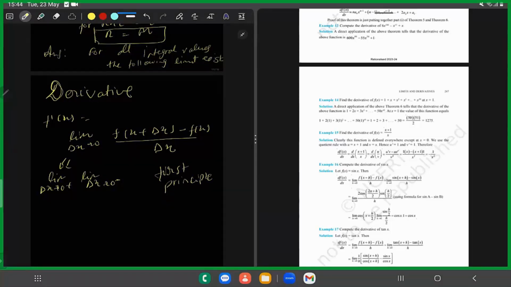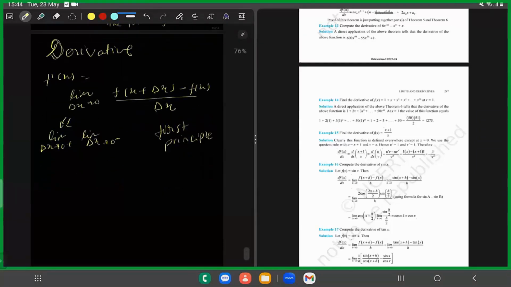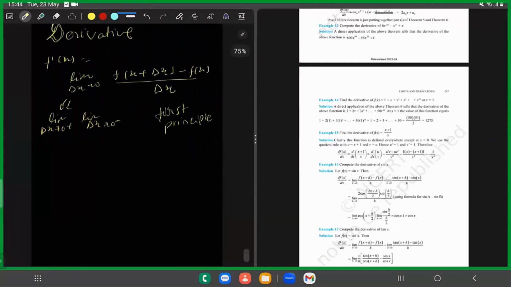So whatever standard formulas that you will come across in physics or in mathematics, that are basically differentiation and so on, these are all derived from the first principle.